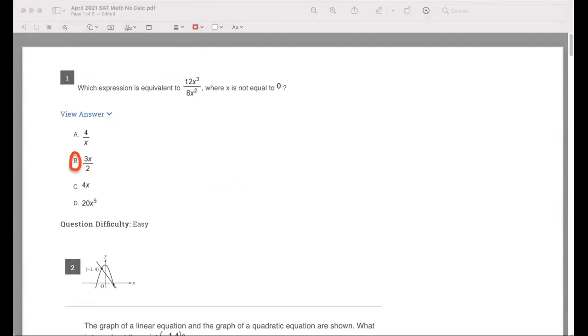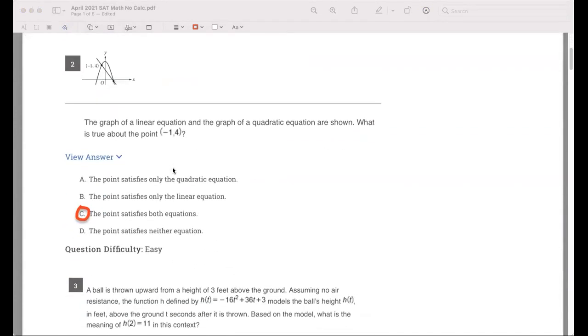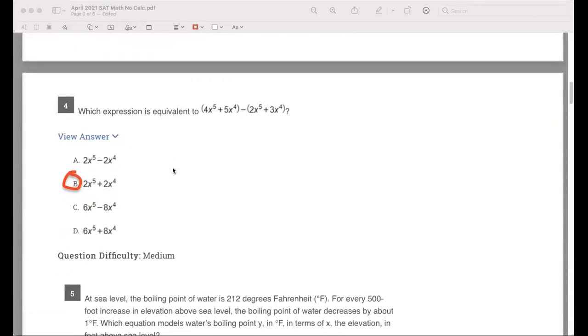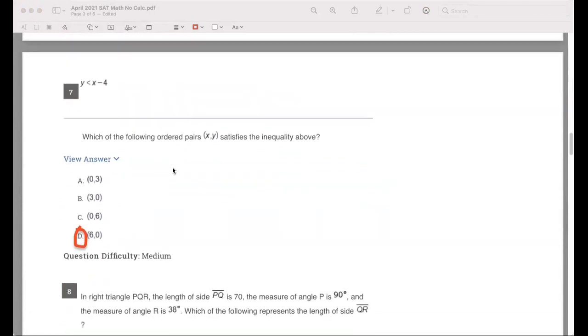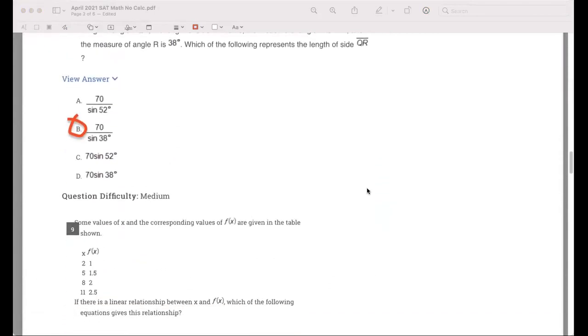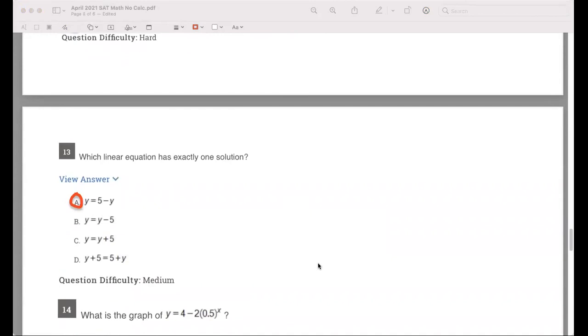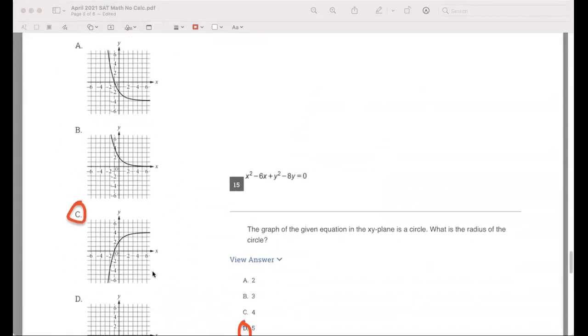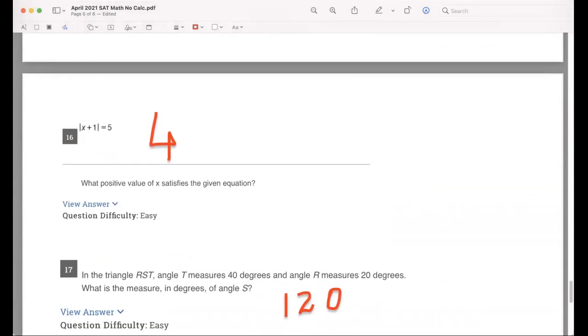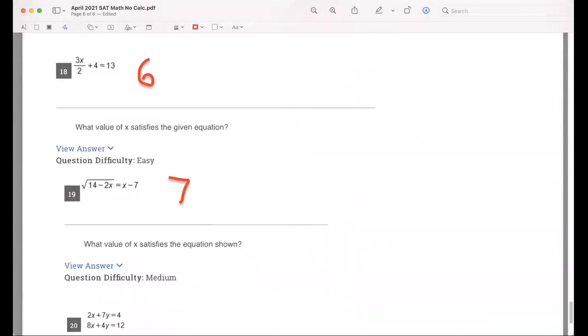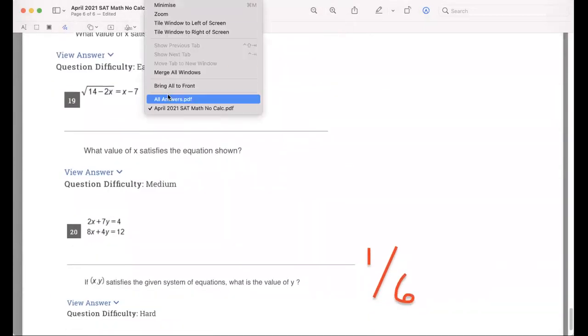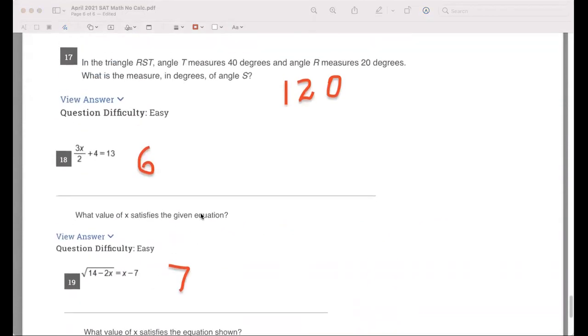Reading and writing: BCCB, AADB, DADD, ACD. Then 15, 16: 4, 126, and then we have 7 and 1 by 6. So we got all correct.